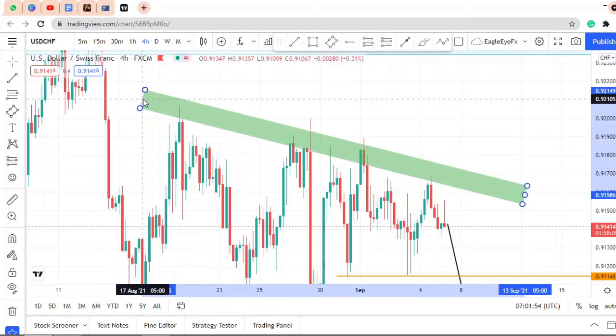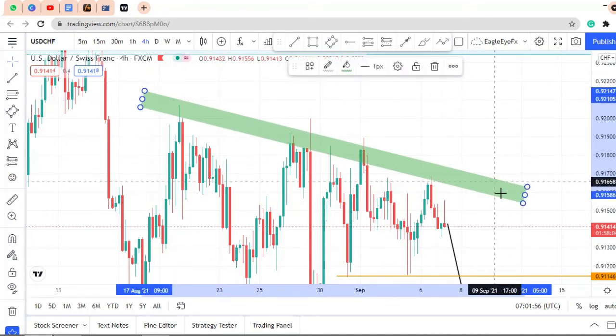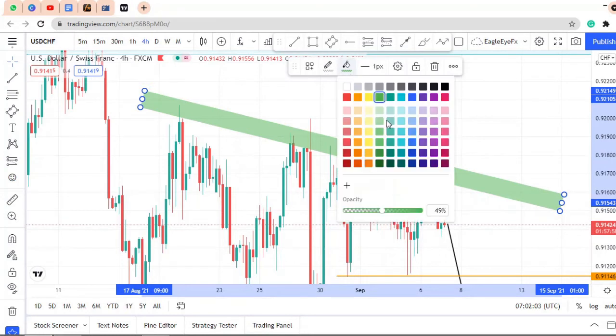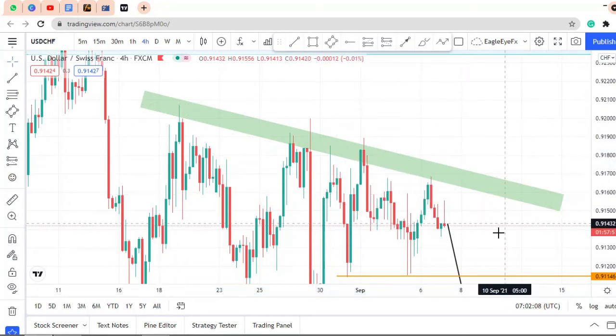Remember, we're just trying to make it clear. We want to see the market clearly, so that's the reason why you have to use all the tools. Okay, let's reduce this maybe so that it's a bit more clear.